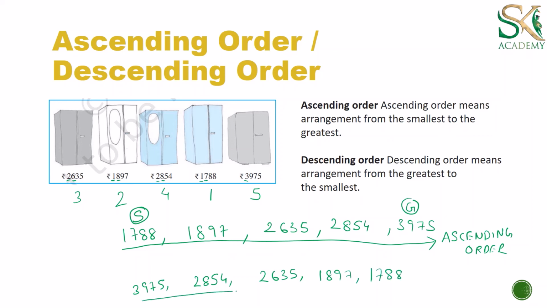Now here if you see, you are writing in the form of arrangement of greatest to smallest. Now this is called descending order.